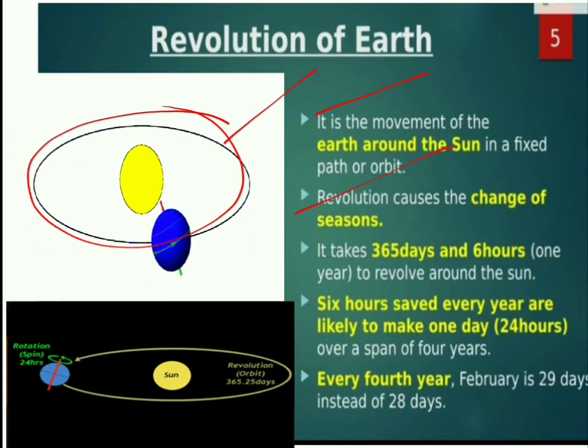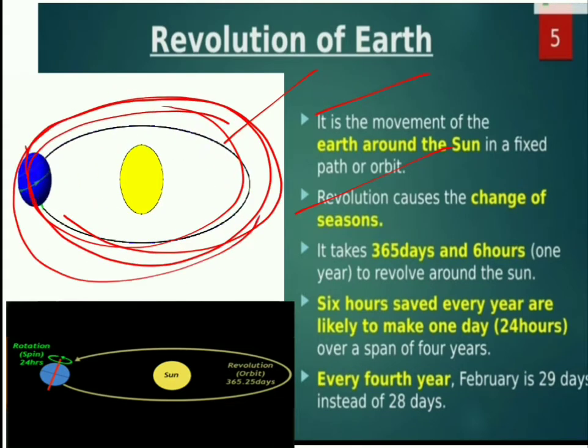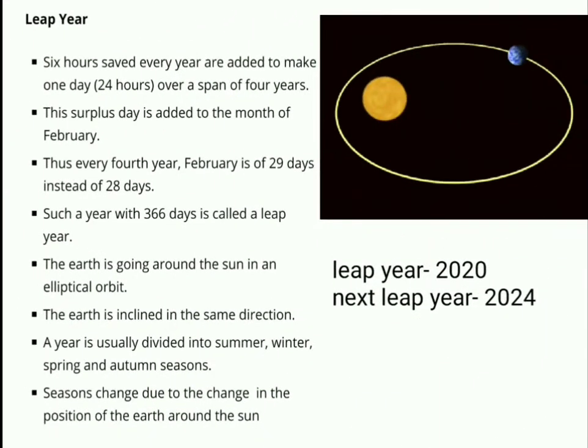During the revolution period, to complete one revolution, the earth takes 365 days and 6 hours. So it is the period called 1 year. And during this year we are experiencing the changes of seasons on the earth's surface. Next we go through the leap year. What is the leap year?